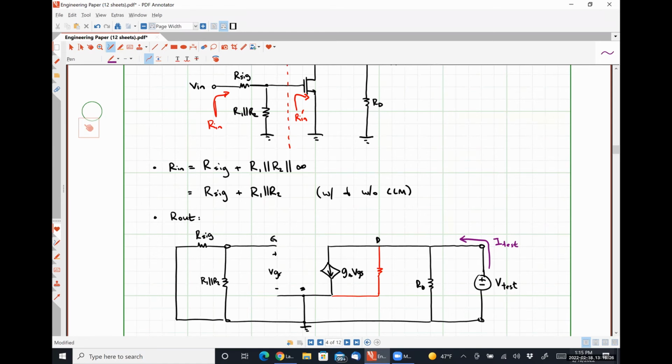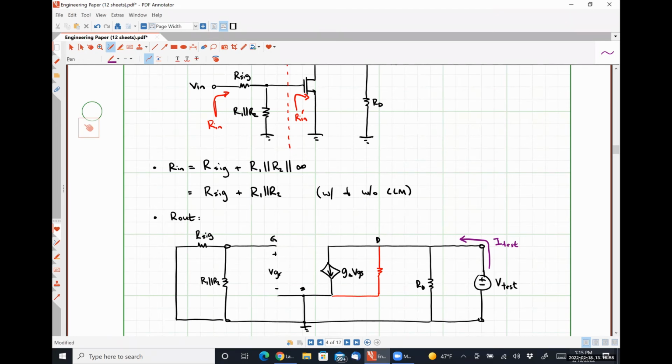What do we see? What's VGS? So VGS is the voltage drop over this parallel resistance R1 and R2, also in parallel with that resistance R sig. So what's the voltage drop over any of these three resistors on the left-hand side? It's zero, because there is nothing exciting this half of the circuit, right?